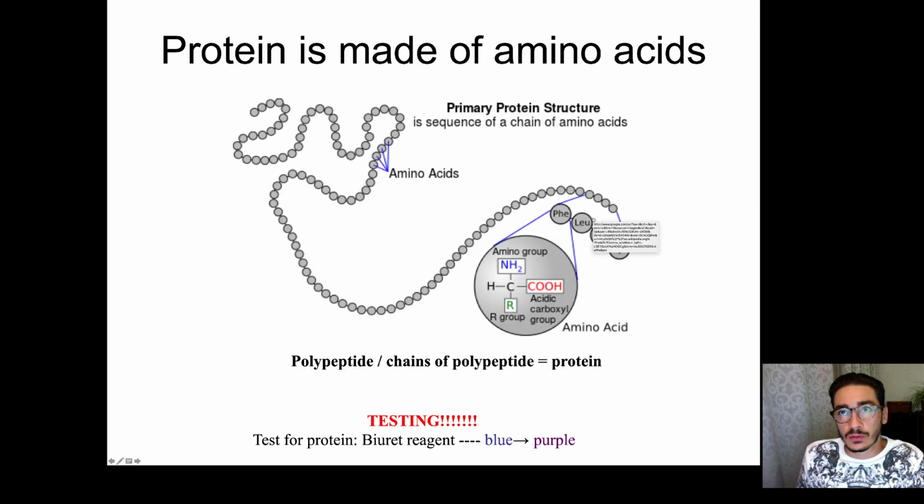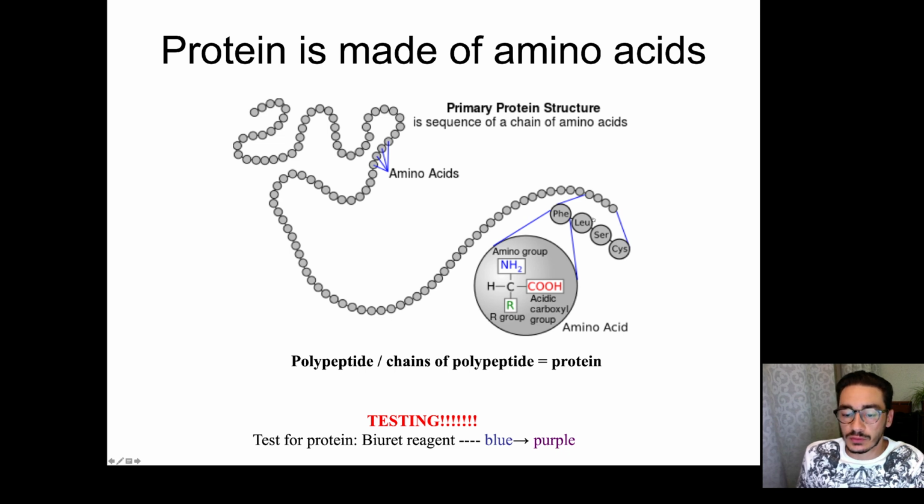But now a peptide is different than a peptide bond, right? So we have a peptide bond, a peptide, and a protein. Make sure you know the difference between the three of them.